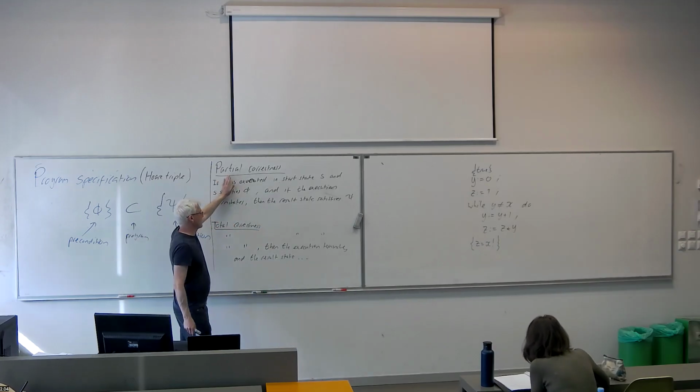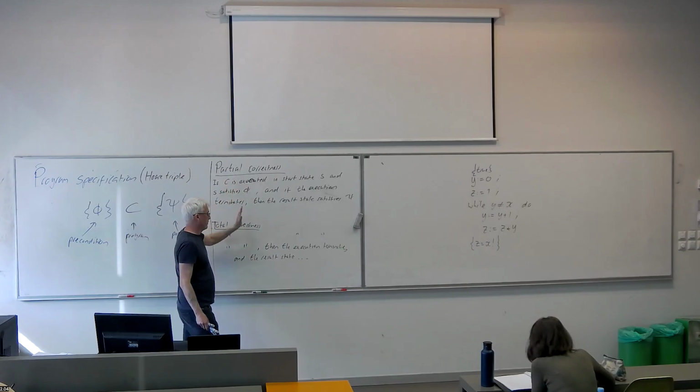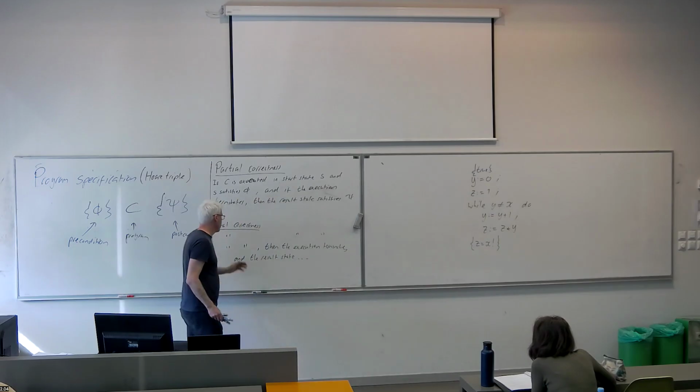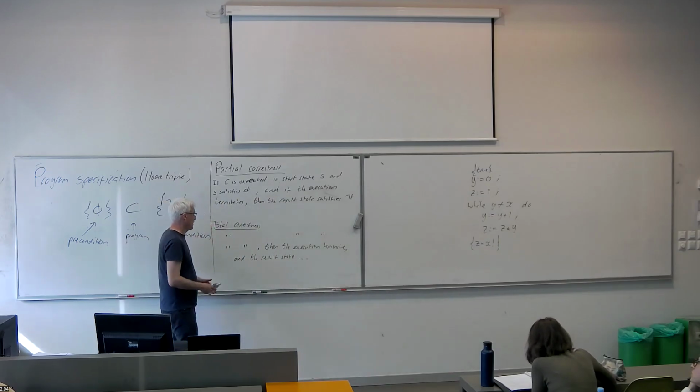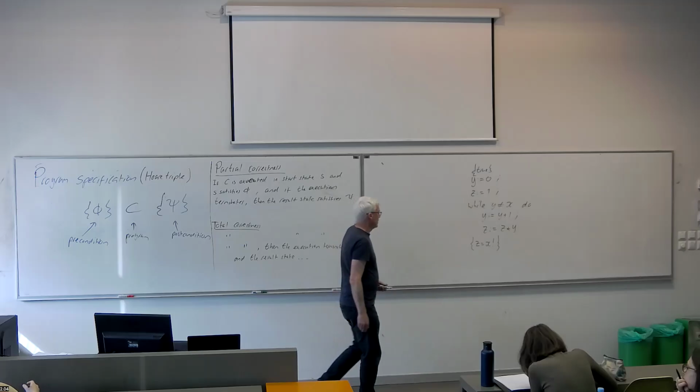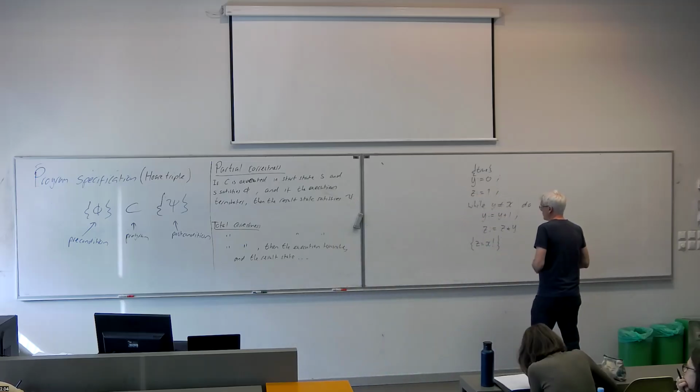Under the partial correctness interpretation, Hoare logic says if execution terminates, then the resulting state satisfies the postcondition. Under the total correctness interpretation, the logic will actually guarantee termination. So you don't need to separately prove termination. If we manage to prove total correctness in the logic, then that proof gives us termination. So there are two flavors of Hoare logic.